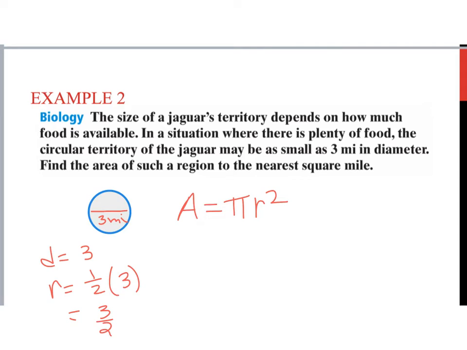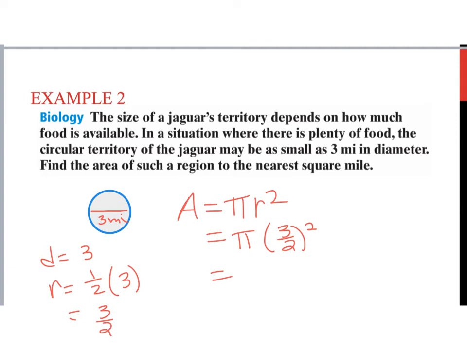So when I go ahead and plug everything in that I need, I really have pi times 3/2 squared. And remember, if you don't know how to use the squaring button on your calculator, you can just go 3/2 times 3/2.